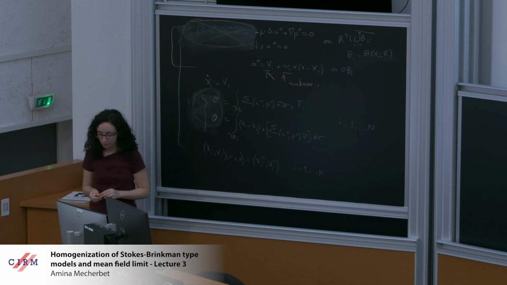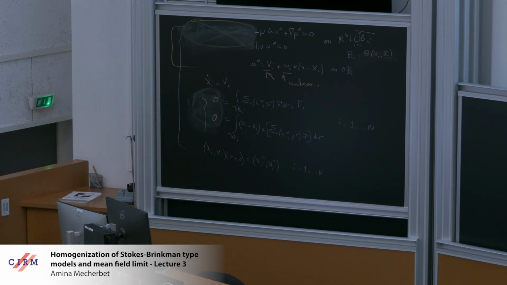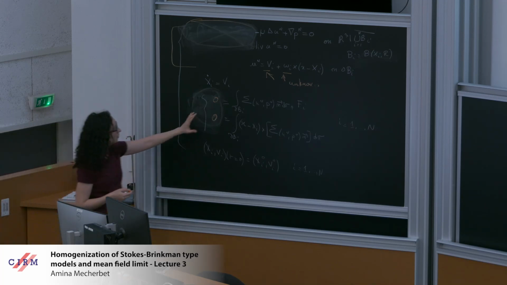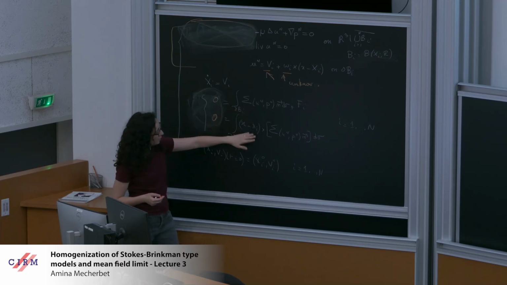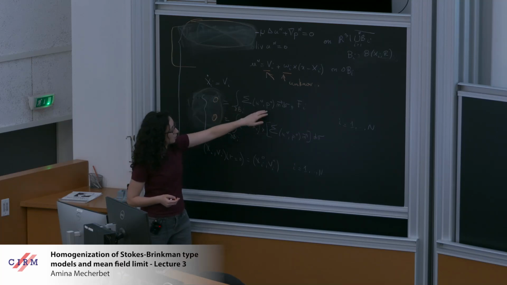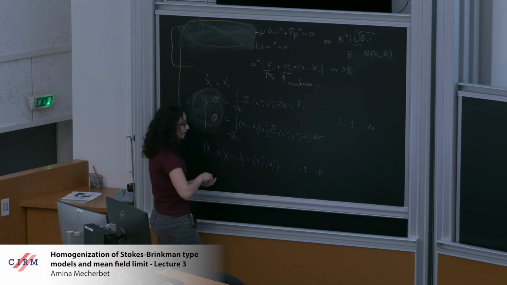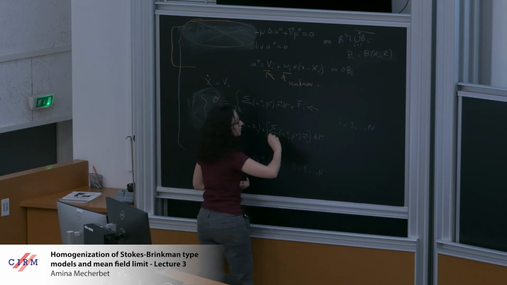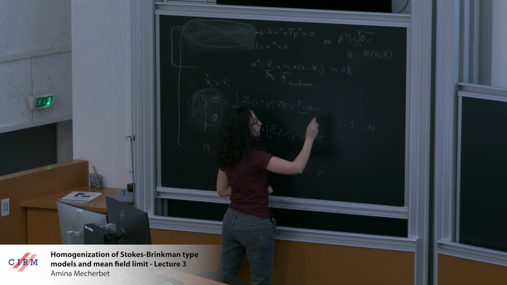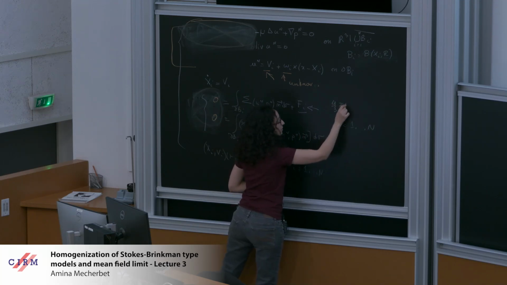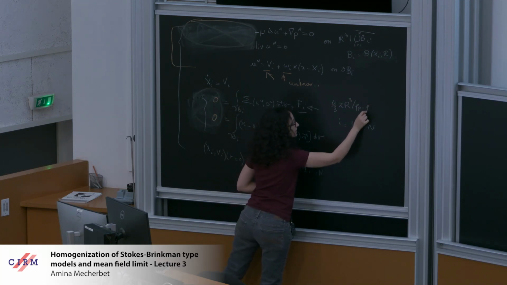Remember, I talked about this resistance problem for the Stokes equation. Since you prescribe the drag force and the torque on each one of the particles, for instance, in the case of sedimentation, the force applied on the particles is gravity and buoyancy.